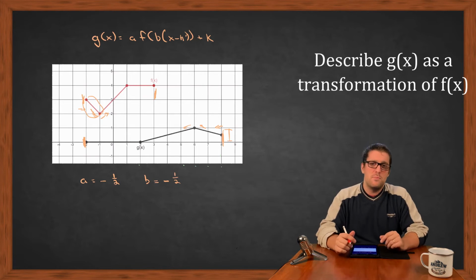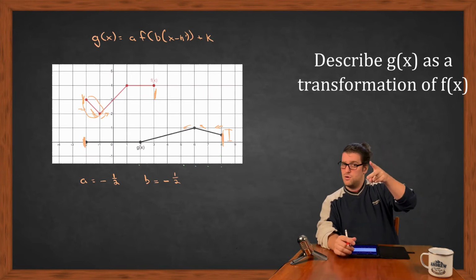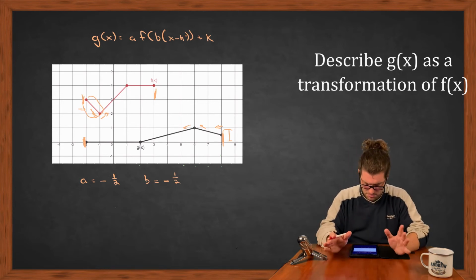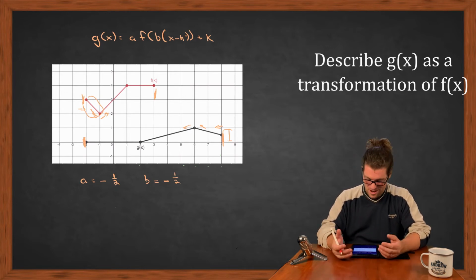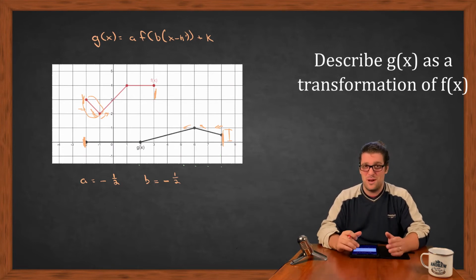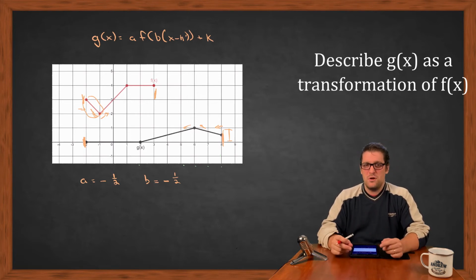The stretch factor and the B value are actually reciprocals of each other. So if it's 2 over 1, the B value is actually 1/2. So there we go, reflection through both of these axes, and a stretch factor of 1/2 on one and 2 on the other one, which actually means that the parameters are 1/2 and 1/2. Interesting enough.